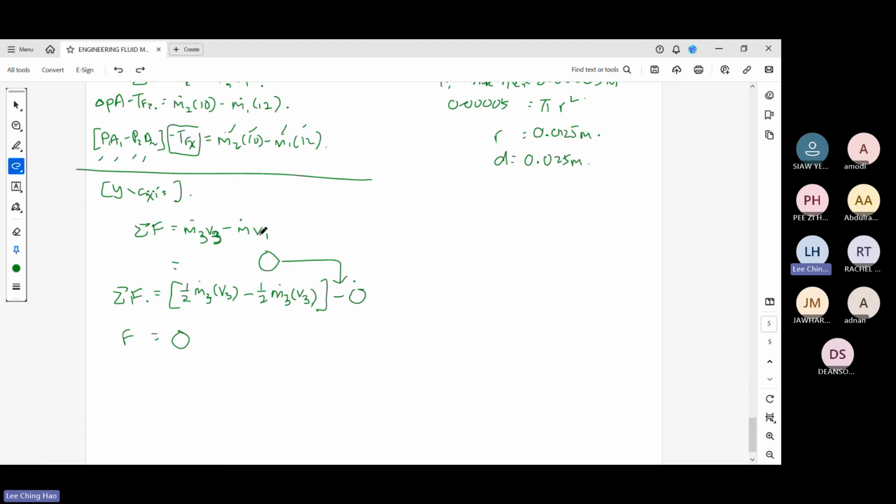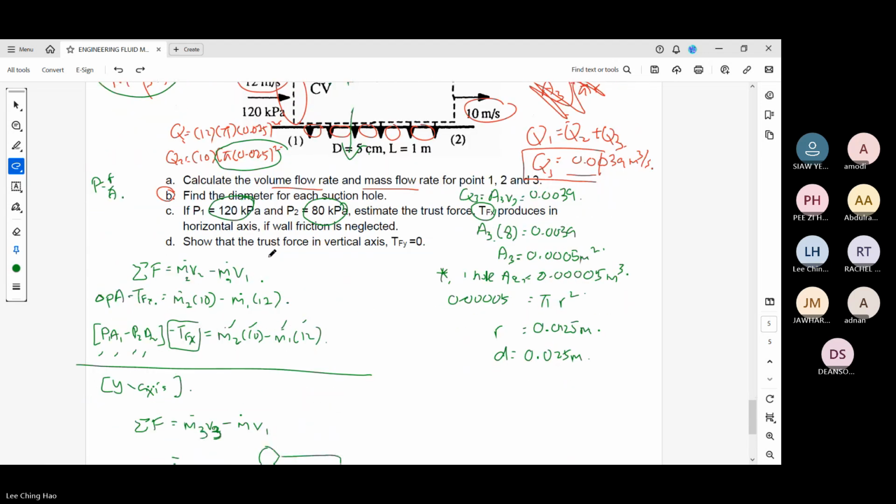Now the speed and the mass flow rate going up and down are the same, so definitely they will cancel each other off. Then only can you say no force is created. So this is how to explain it, the y-direction becoming 0.